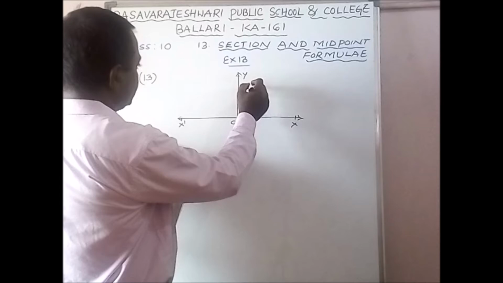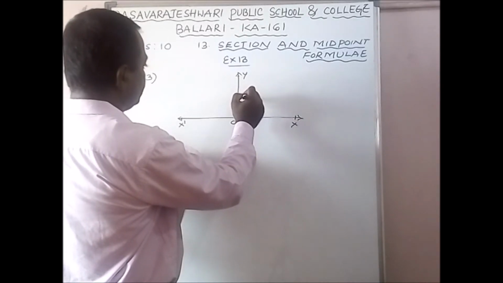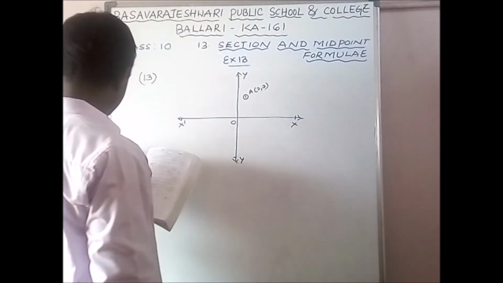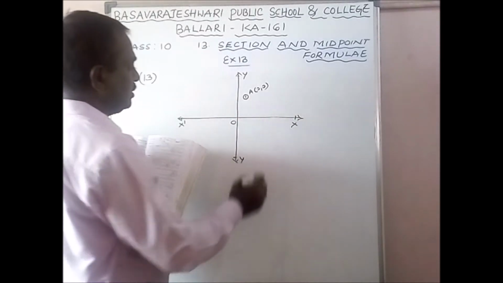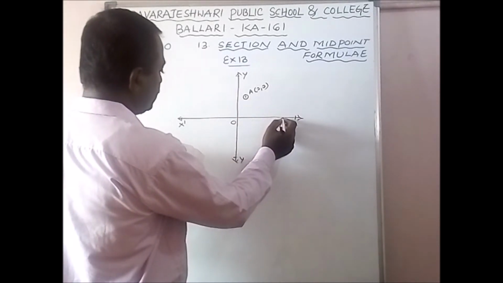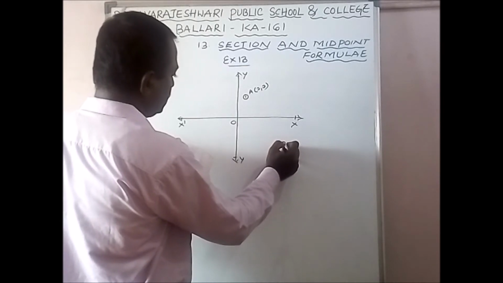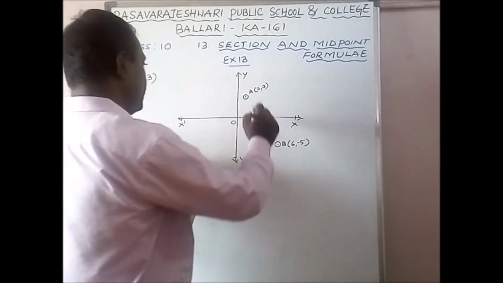So I will write here A(2, 3). Suppose A point is here. And B(6, -5) will come in the fourth quadrant. x value 6, y value -5. Suppose it is here. B(6, -5). So join AB.